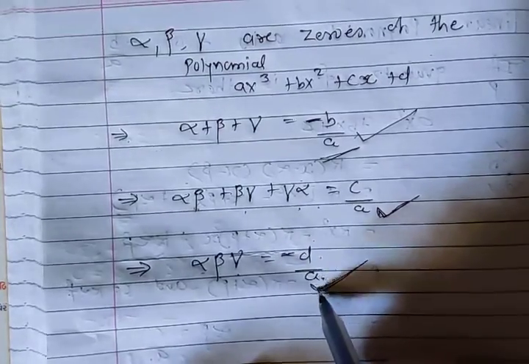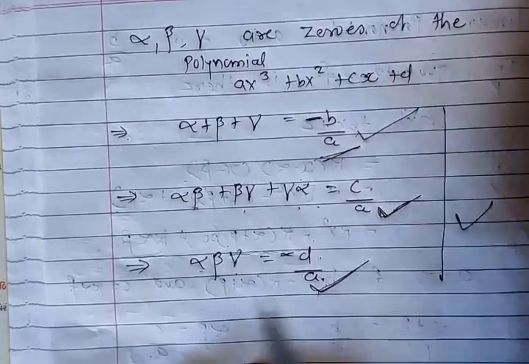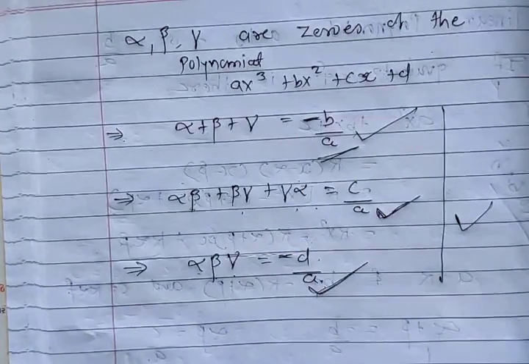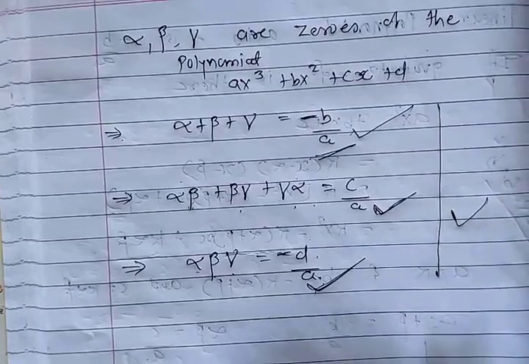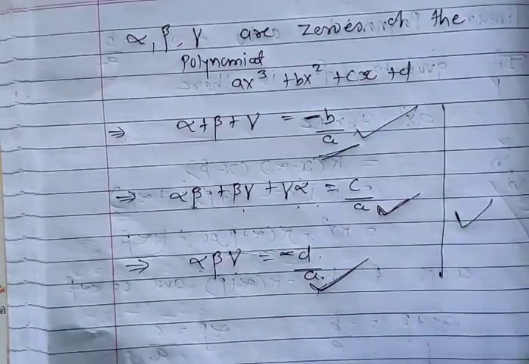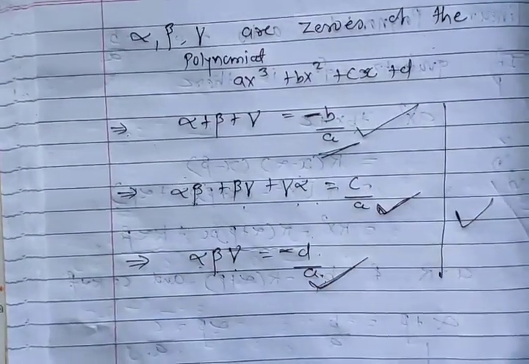This will be the third. So based on this you are going to get the answers of all three. Alpha, beta, gamma, zeroes of the polynomial, that is called a what type of polynomial? Cubic. What was the condition for quadratic? That is this one.